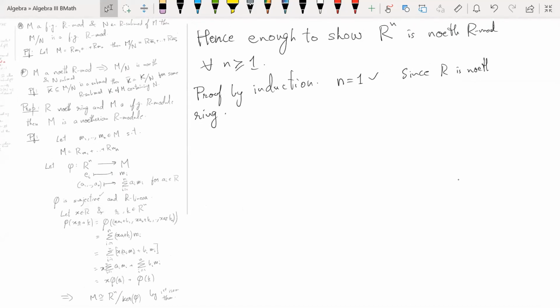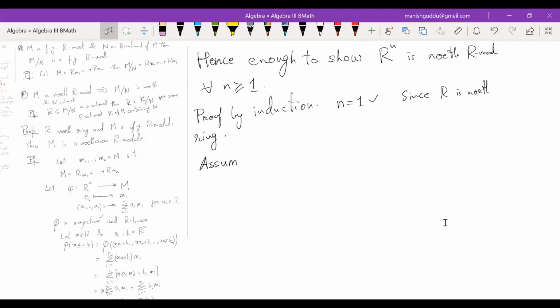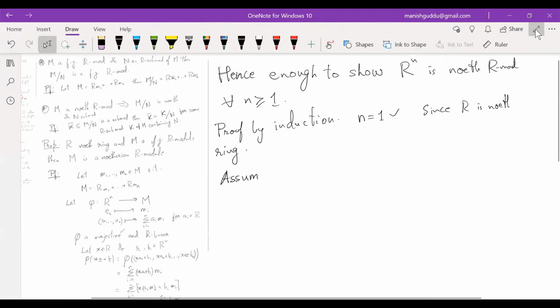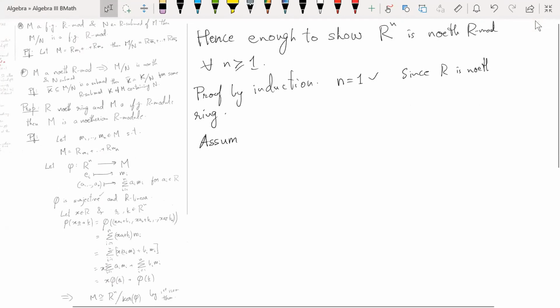So n equals 1 is okay, the n equals 1 case is done.